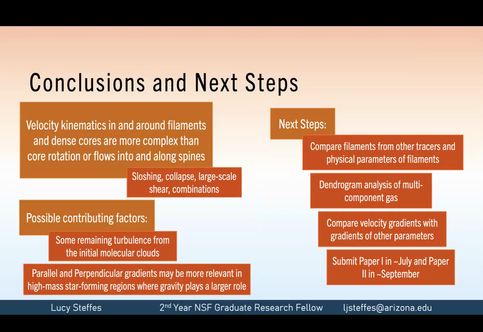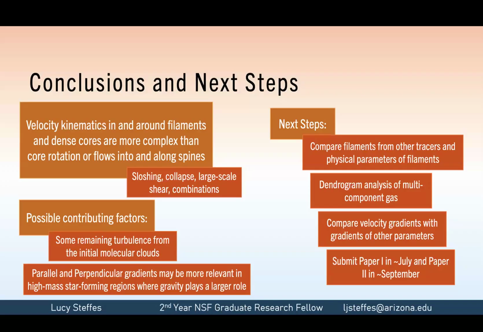Okay, so some final conclusions. We see that the velocity kinematics in and around the filaments and the dense cores are more complex than simple core rotation or flows into and along the spines. We do see a bit of a trend towards there being some amount of large-scale gradients in the parallel direction.